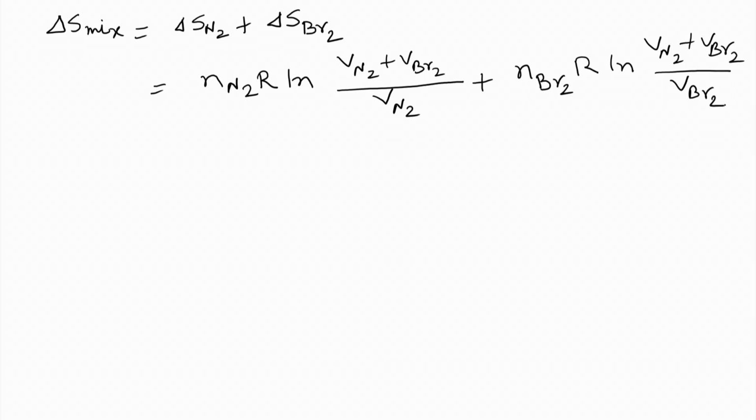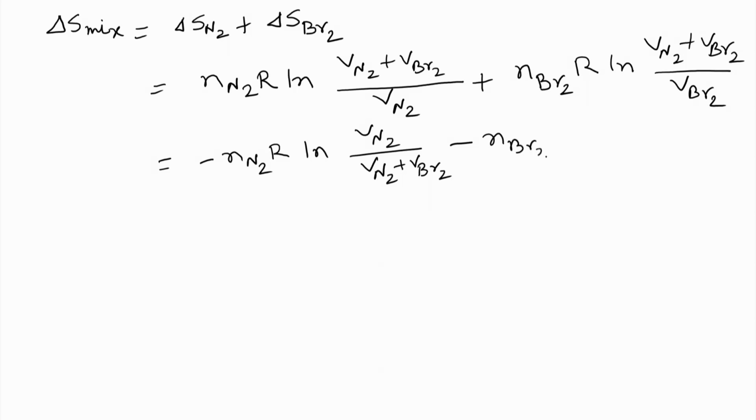Very simple. Next, we can write minus N N2 R ln V N2 by, minus N Br2 R, right.